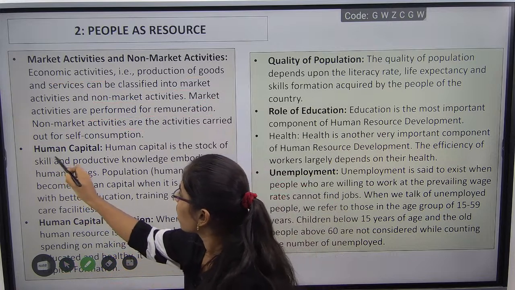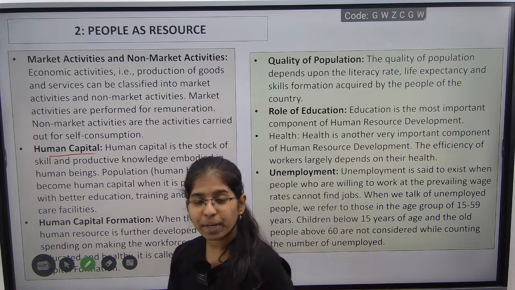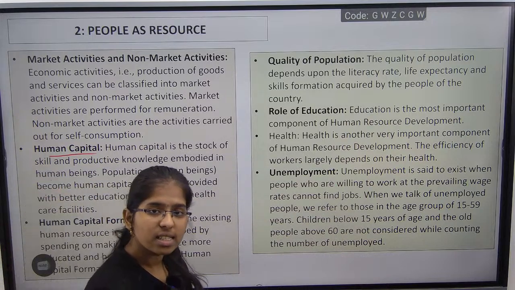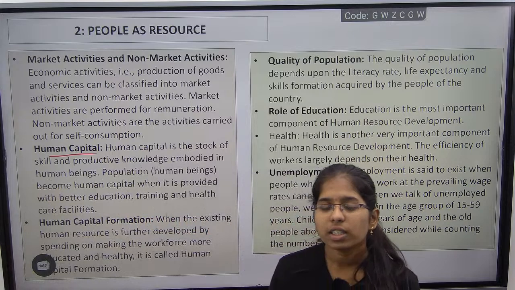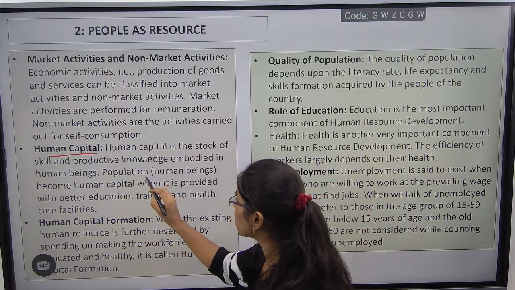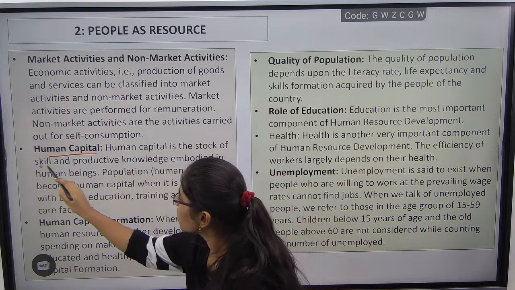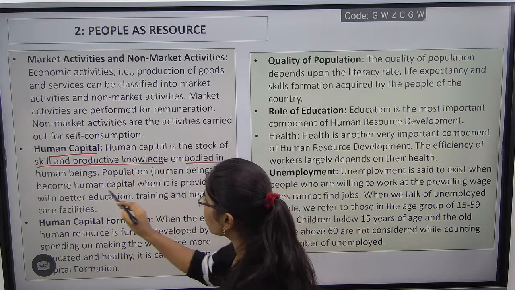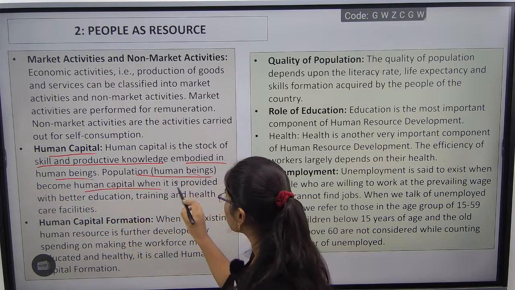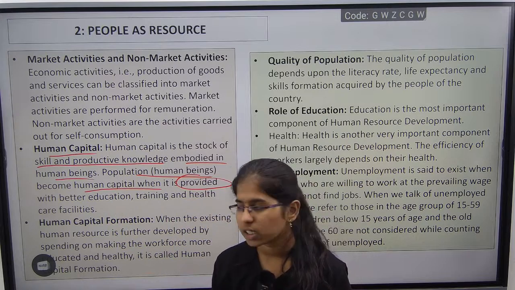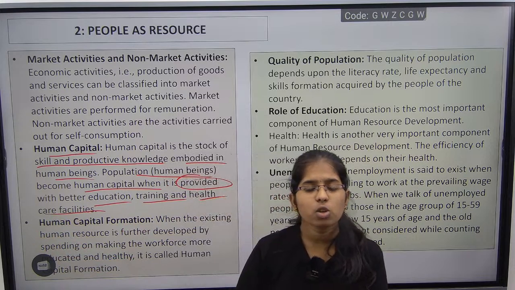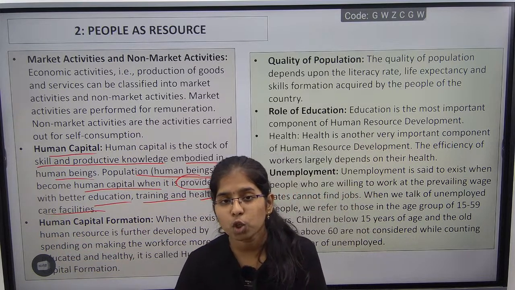Next, human capital. Humans are said to be capital when they have skills and proper knowledge, then only we will consider humans as capital. Human capital is the stock of skill and productive knowledge embodied in human beings. The population becomes human capital when it is provided with better education, training and healthcare facilities.